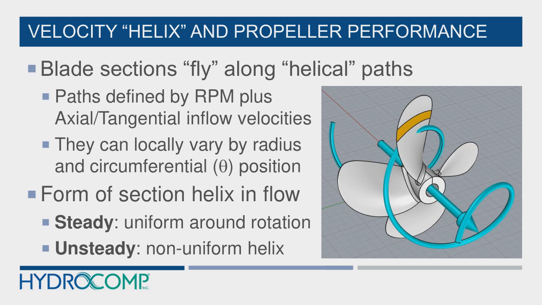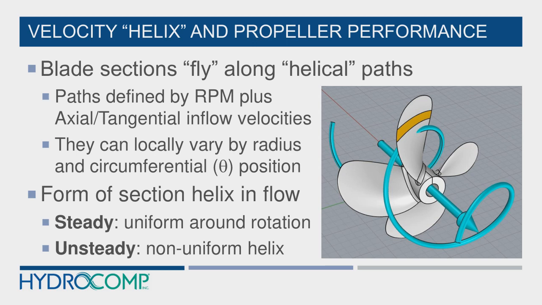Now there are two different approaches, or two different pieces to this, when we talk about performance of a section on a helix. One is the mean velocity that we described in the last slide. That leads us to what we call a steady calculation or steady performance, uniform around its rotation.